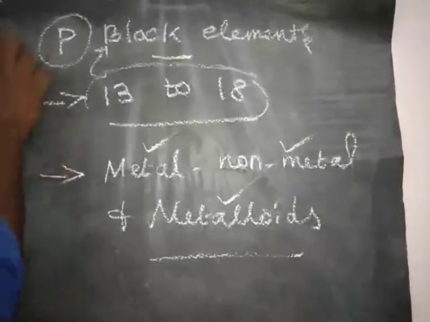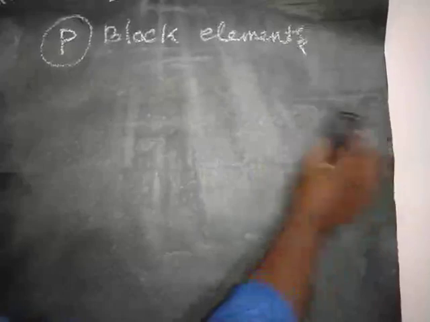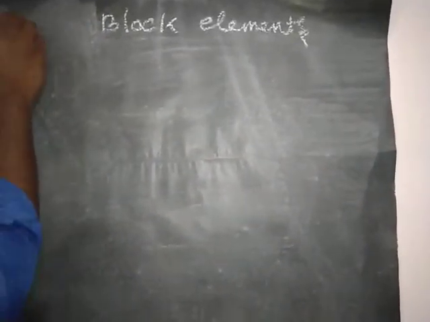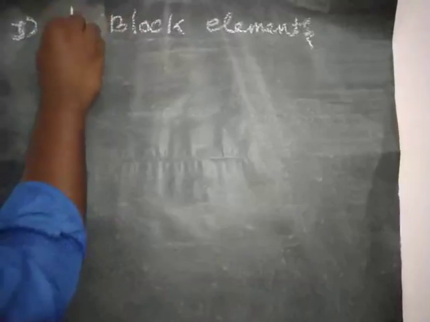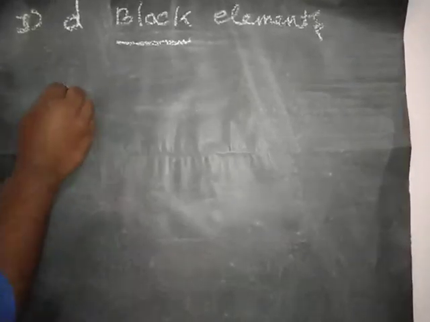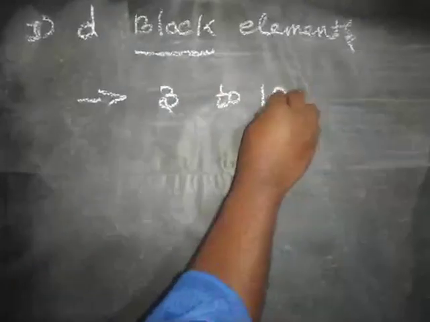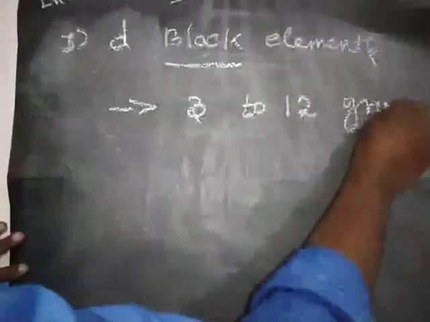Next one, the third one, D block elements. D block elements include groups 3 to 12.